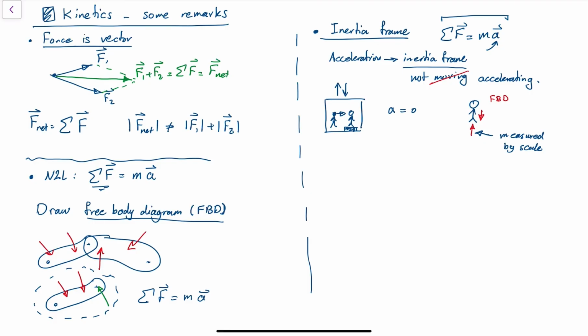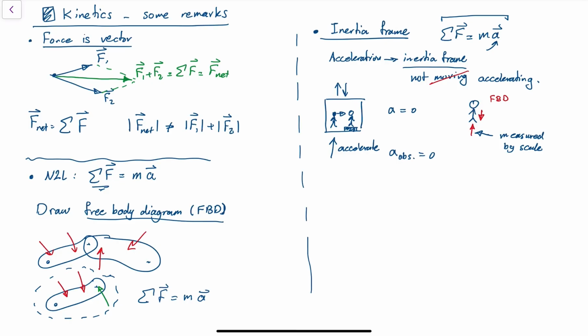But you have noticed if the elevator now starts to accelerate, for instance upward, you still observe no acceleration because you are moving with the person. You're looking dead in the eye of the person. You see no motion.